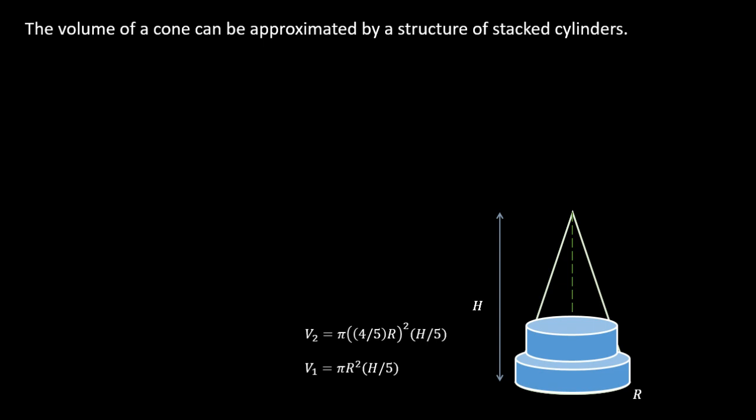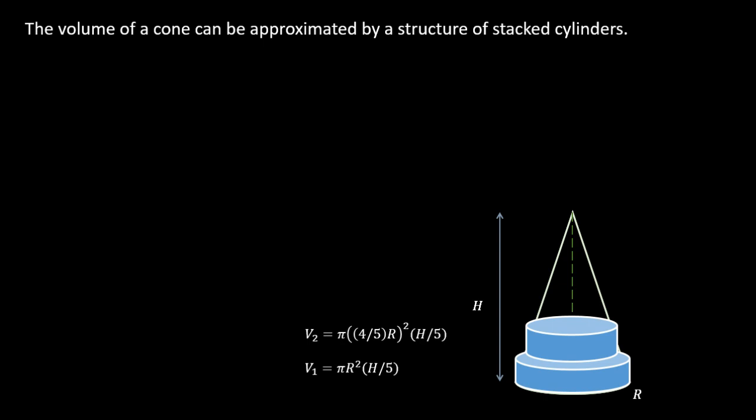So that's reducing in size. So we have this 4/5 r squared, so that's 16/25 times r squared. And that is going to be the area of the base of this second piece of the cone after you've cut off the bottom 1/5.